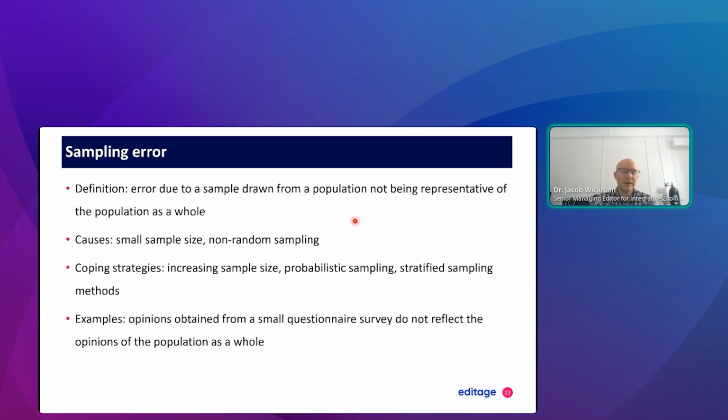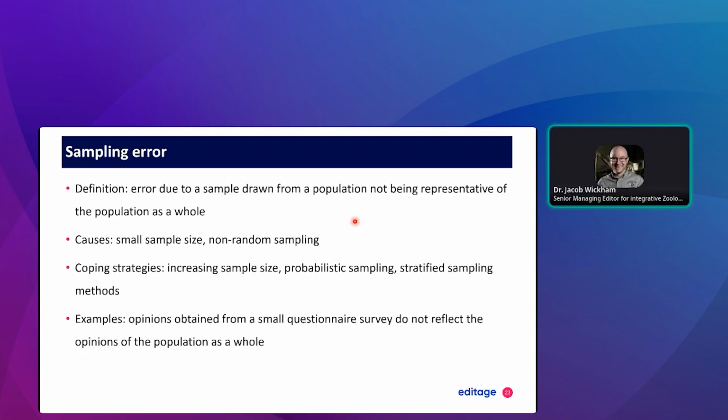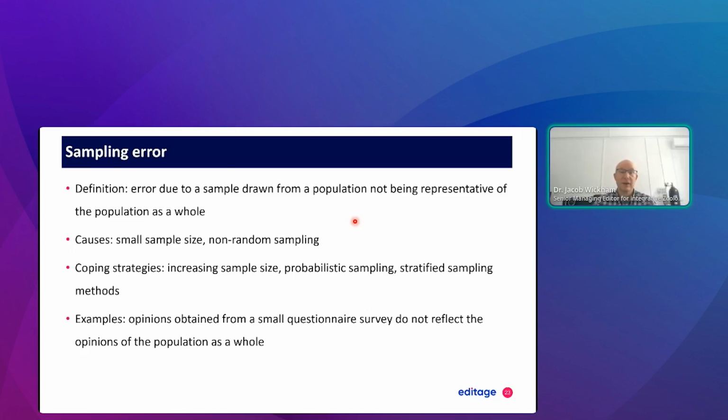For example, if the opinions of the population of an area are surveyed, but only from a particular geographical area or socioeconomic background, the results may not accurately reflect the opinions of the population as a whole. So you need to have methods to overcome this problem and to mitigate it. And you can mitigate this problem by using random sampling or increasing the sample size or using stratified sampling methods.